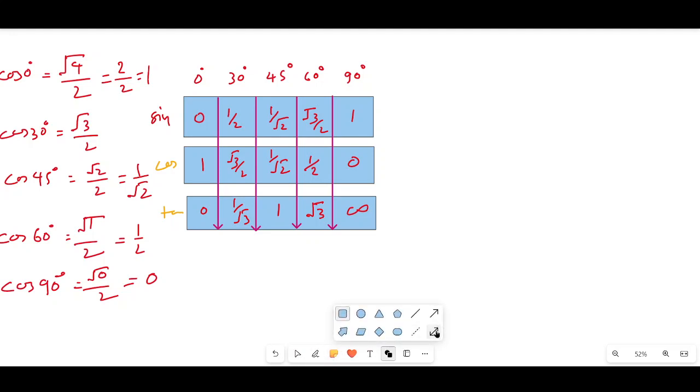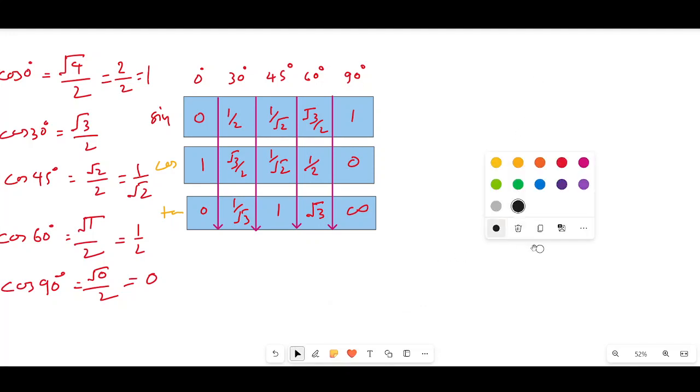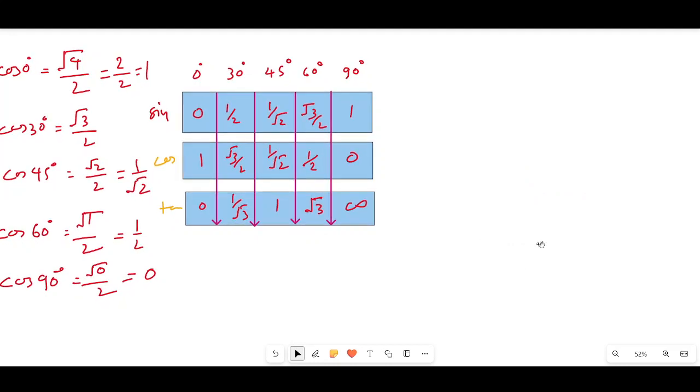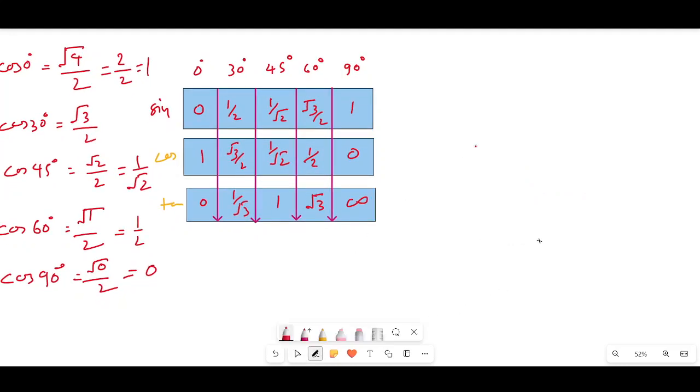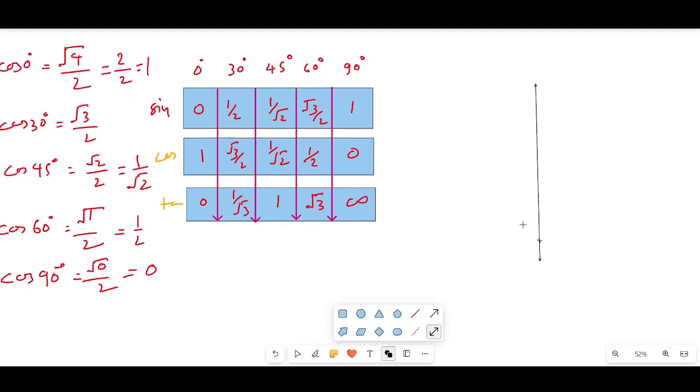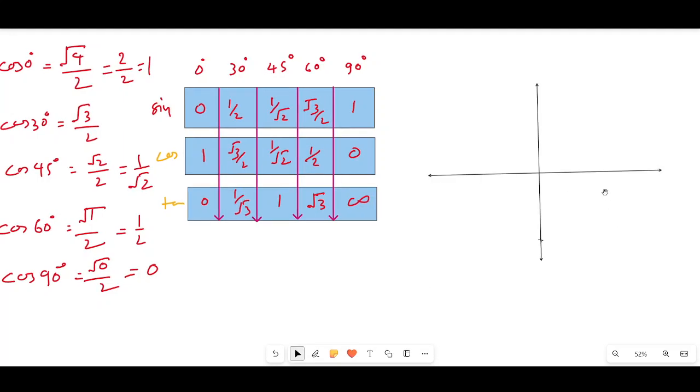Suppose we draw this, and we make an XY plane. This is the XY plane. Clear?